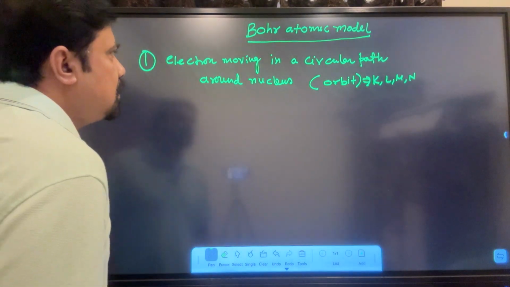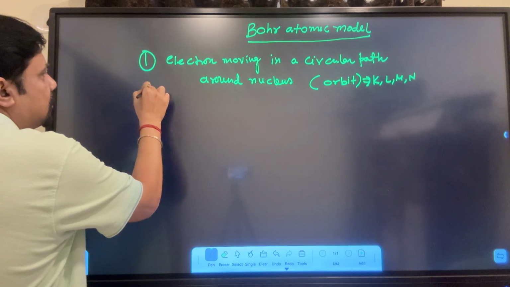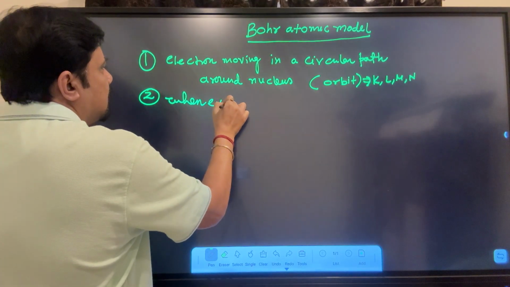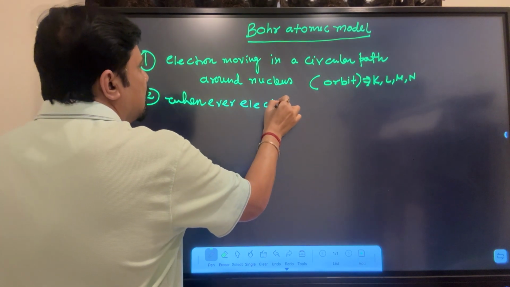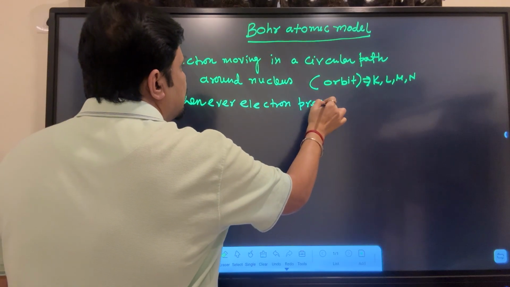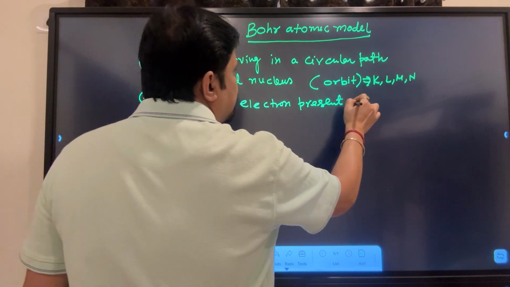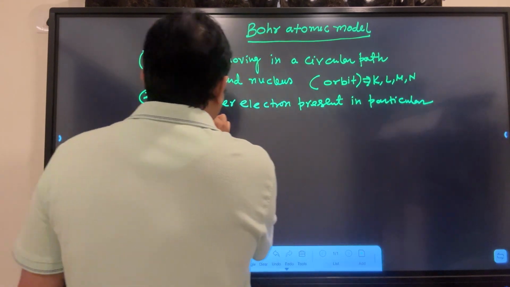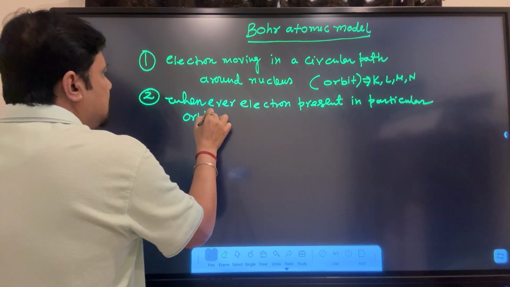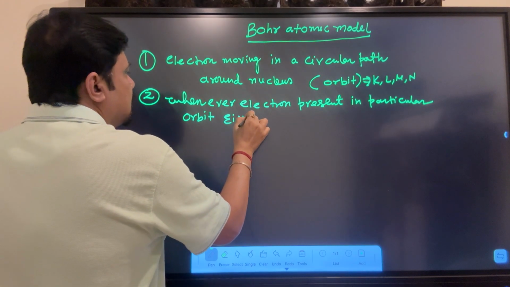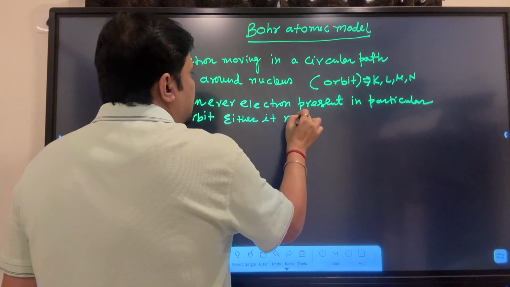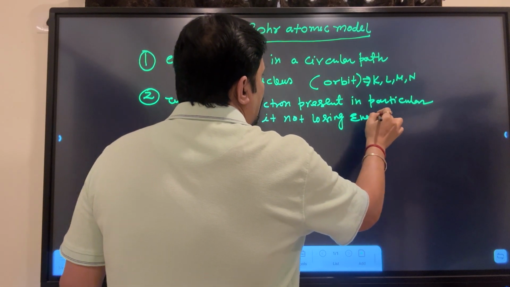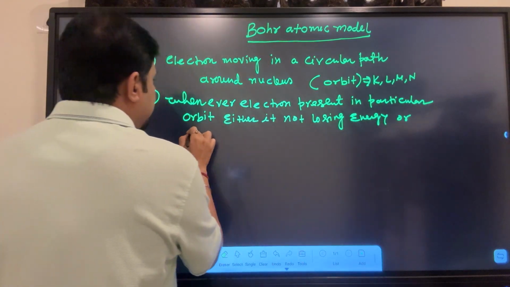Next, whenever an electron is present in a particular orbit, it is either not losing energy or absorbing energy.